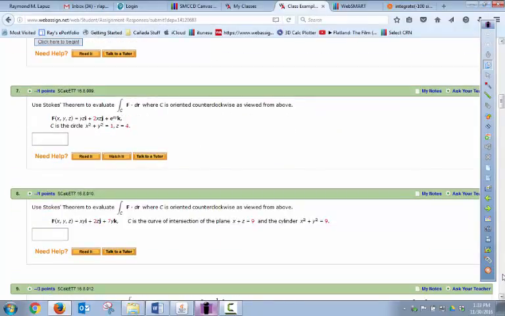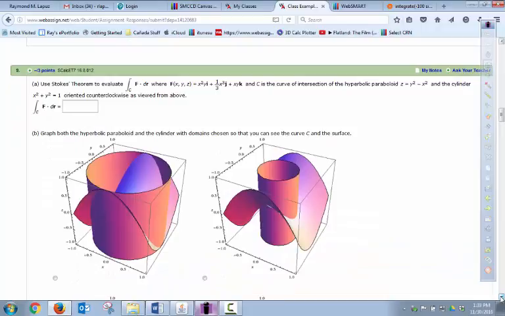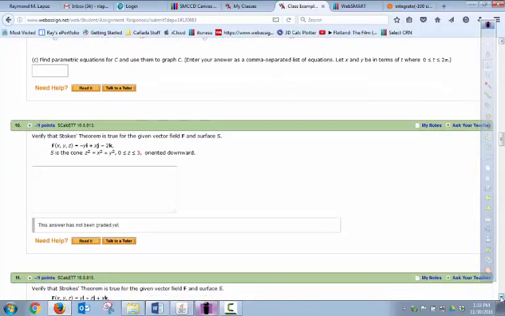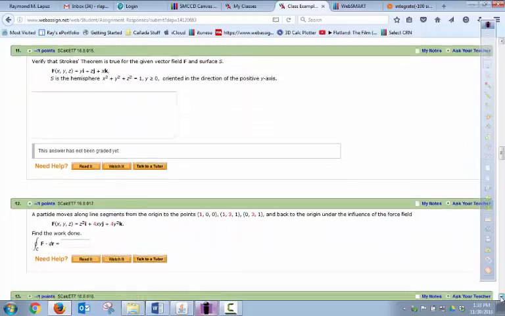Okay, so Stokes integrals. Stokes' theorem allows us to move from a line integral to a flux integral, or from a flux integral to a line integral. There's a verify where you have to do both sides.